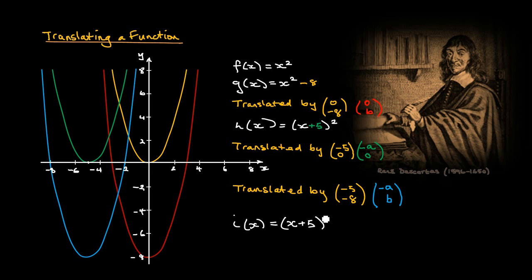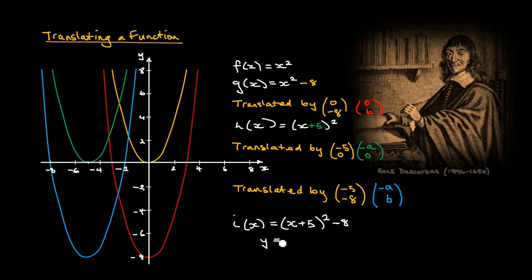Okay? And this gets squared, and the second number, the constant that's out front that takes it up or down, is going to be just this number b. So in this case it's minus 8. So by using this idea of a combined transformation, this translation function, what I've been able to do is find an expression for I of x.